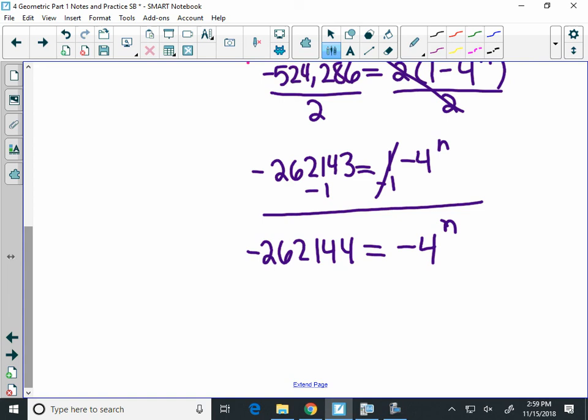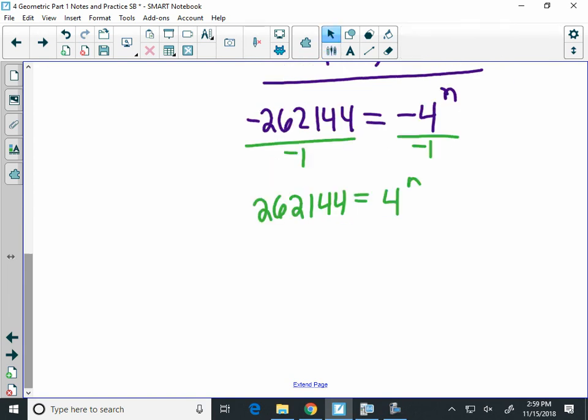The next thing I need to do before I can get rid of the n in the exponent is, remember, there's like a negative 1 out in front here, and I need to divide it away. You cannot take the log, which is what we're going to do, until you divide by negative 1. When you divide by negative 1, you get a positive 262,144 equals positive 4 to the n.